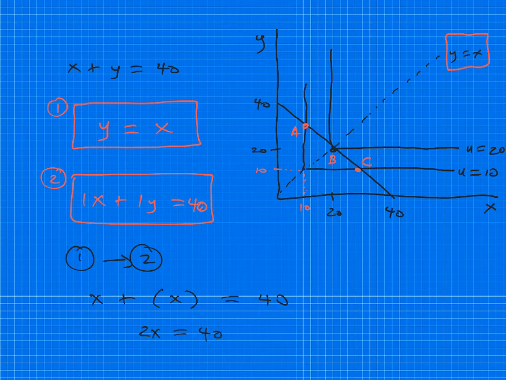So that leaves me with my optimal choice of good x being 20, which we were able to see visually, but now we've confirmed that mathematically. Now if I go back to equation 1 and I plug in my optimal value of x, that just confirms mathematically what, again, I always knew graphically, namely that my optimal quantity of y is also going to be 20.